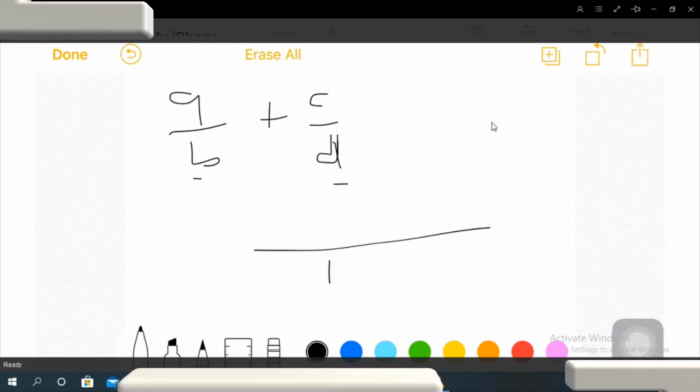So that would be B times D. Oh my shoe. This is BD. I think I got it wrong now. So B times D is BD. So I don't need that BD now. So my common denominator is B times D.